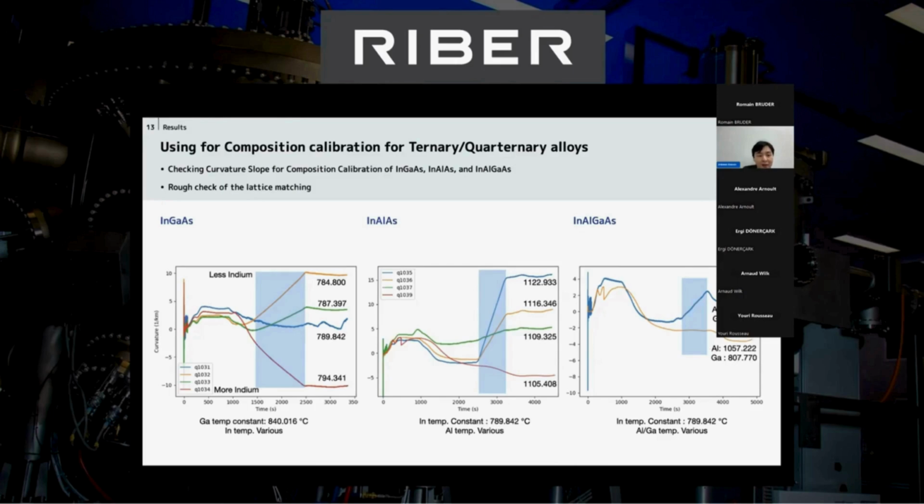The curvature is changing quite sensitively from decrease to increase, and we can check the lattice matching, and then we finally check the composition by using the XRD. Then we check the indium arsenide, indium aluminum arsenide, and indium aluminum gallium arsenide also.